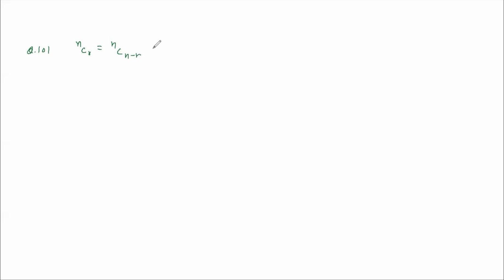Okay, so this question is not too hard. You can see, use the formula of nCr, correct? The combination formula is what? n factorial over (n minus r) factorial and times r factorial.